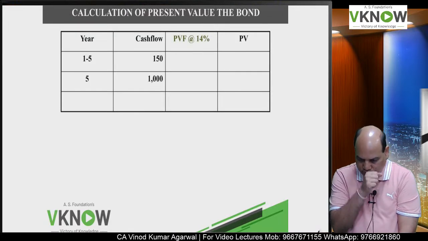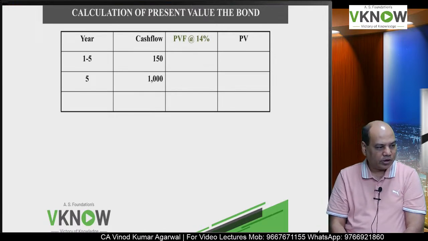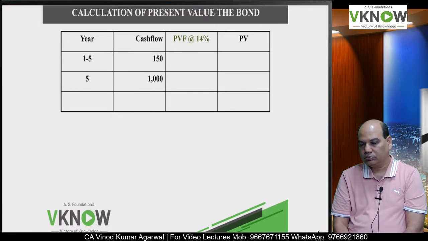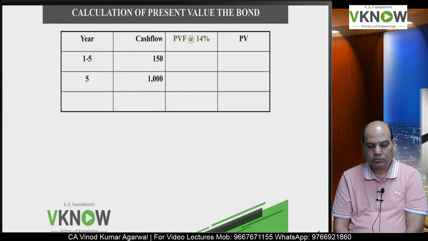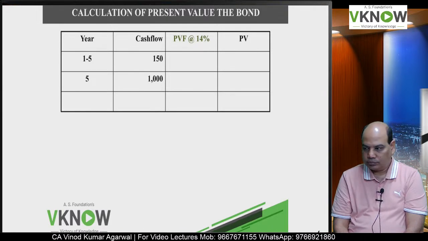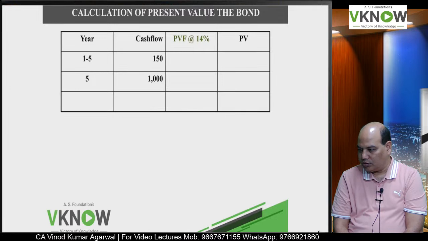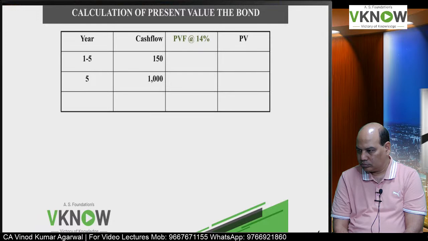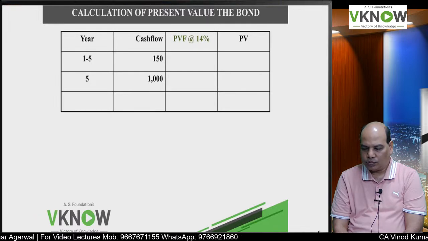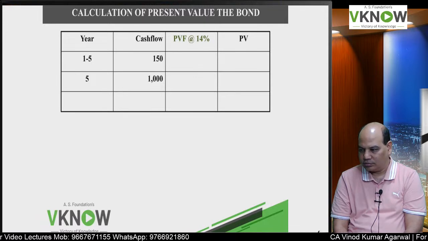Next, write down step 2, calculation of intrinsic value of the bond. Draw 4 columns: year, cash flow, PV factor at 14% and PV.